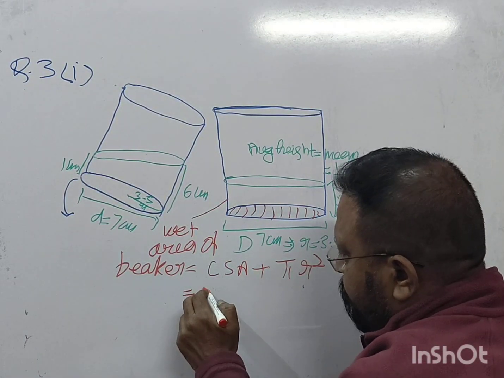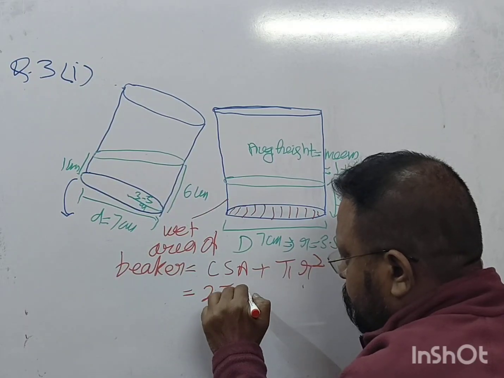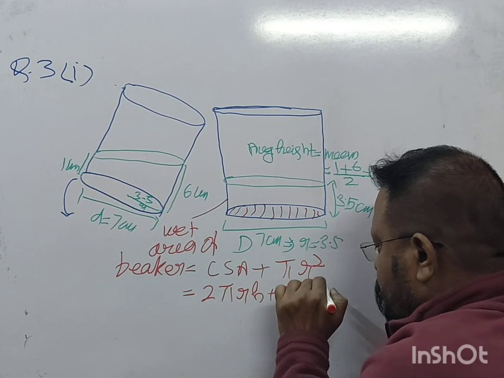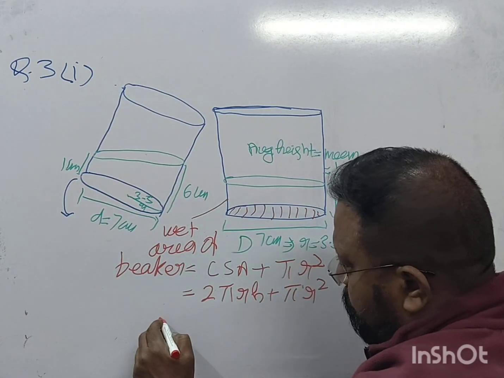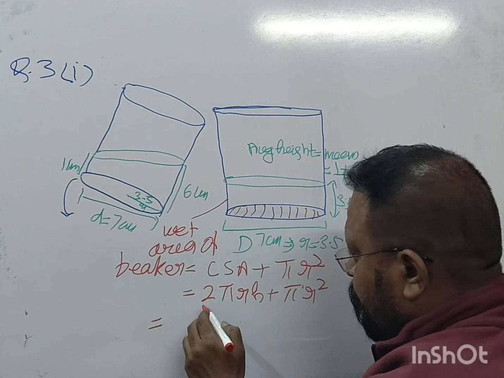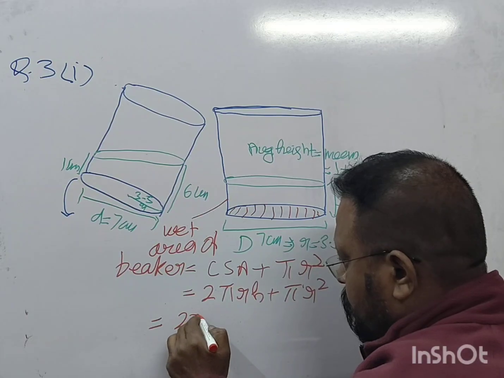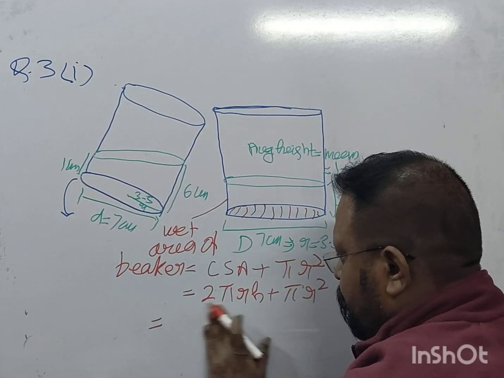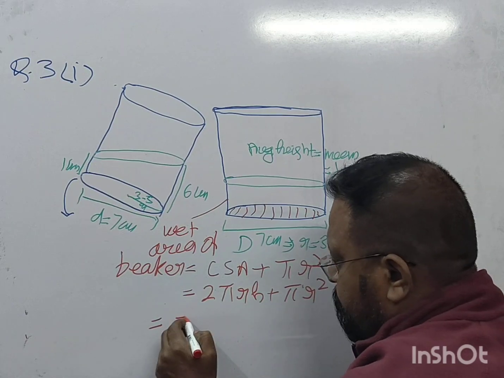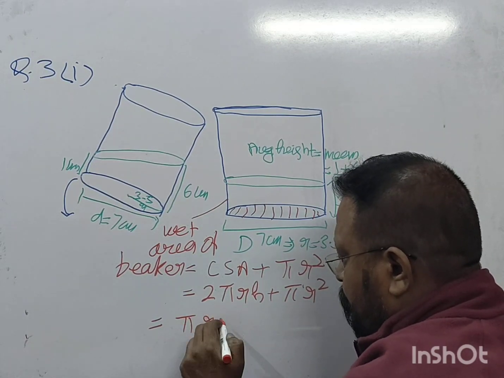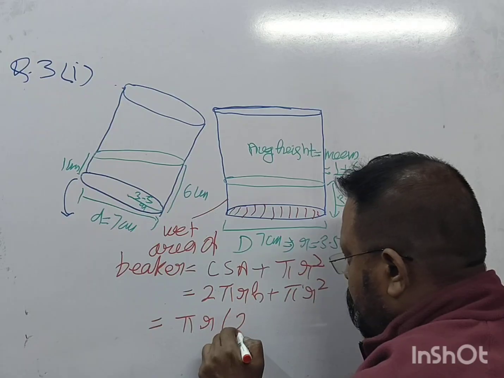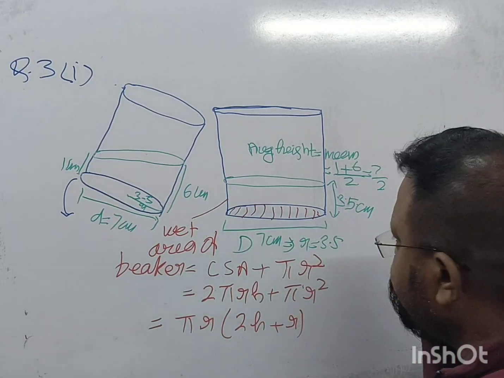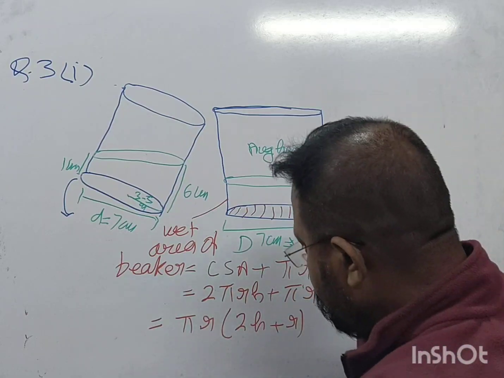So we can say 2 pi rh plus pi r square. So how much are you getting here? 2 pi r as a common? No. Here we are getting pi r as a common, and you get 2h plus r. Is it?